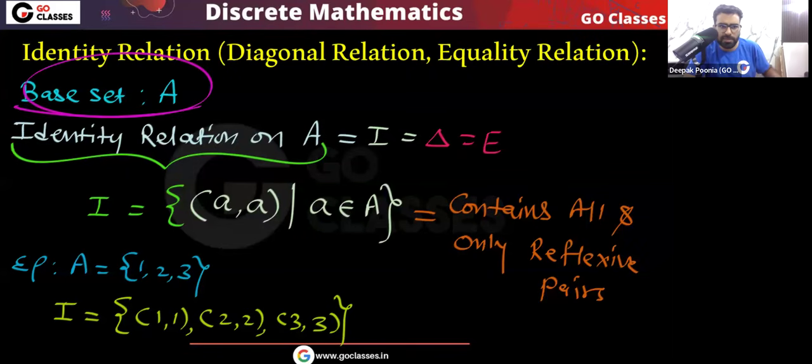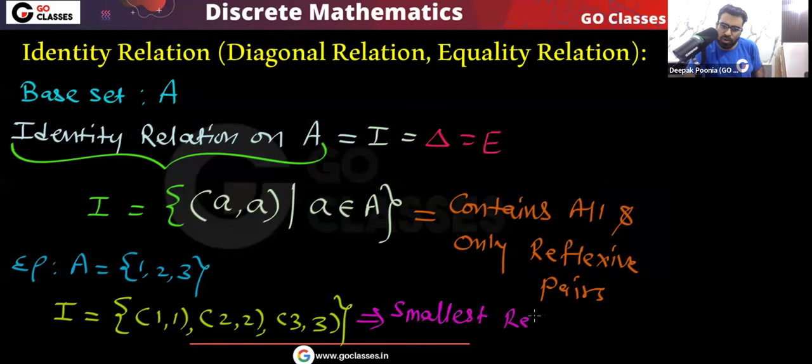Basically, if the base set is fixed, then the identity relation on that base set is also fixed. So the identity relation contains all and only reflexive pairs. I can also say that the identity relation is basically the smallest reflexive relation on base set A.